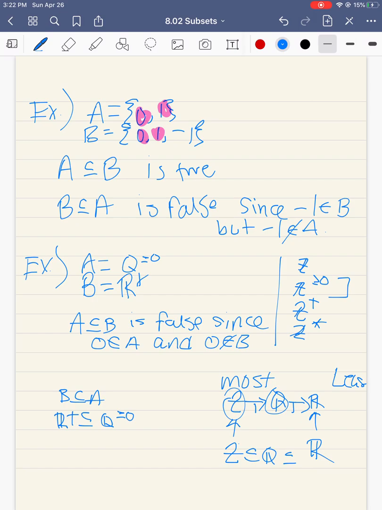Take for instance pi. So pi is in B, but pi is not in A.